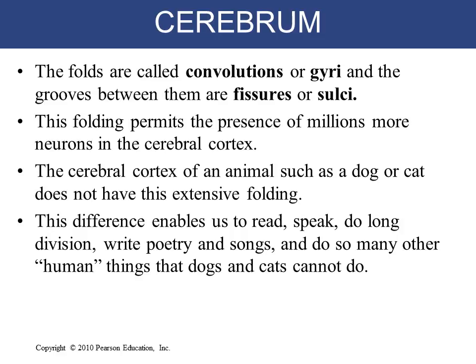So these foldings permit the presence of millions more neurons in the cerebral cortex, and the cerebral cortex of an animal such as dog or cat does not have this extensive folding as we have it in man. And this difference in the foldings of the human brain enables us to read, speak, do long division of work, write poetry and songs, and do so many other human things that dogs and cats cannot do.